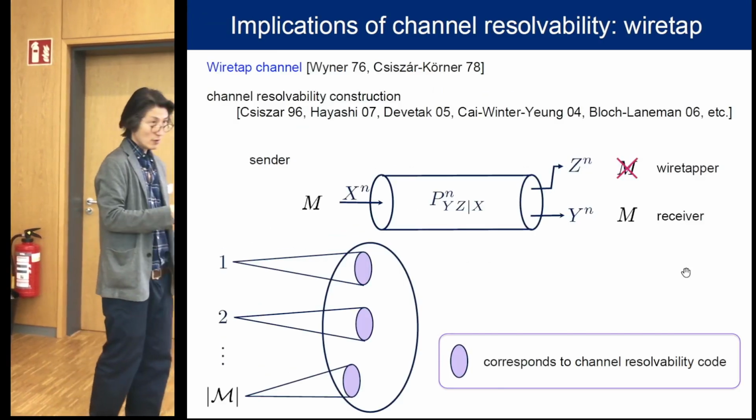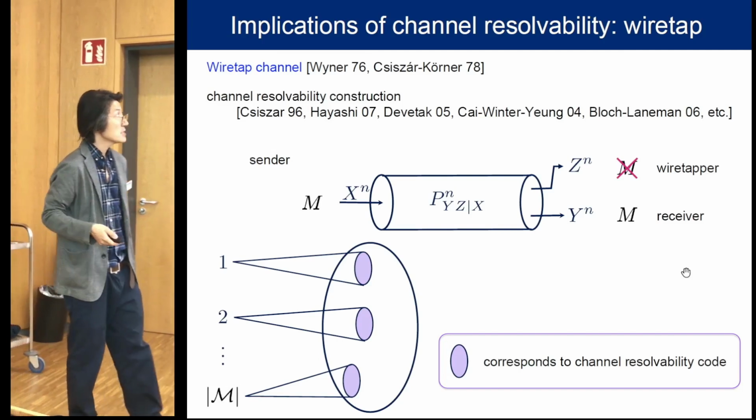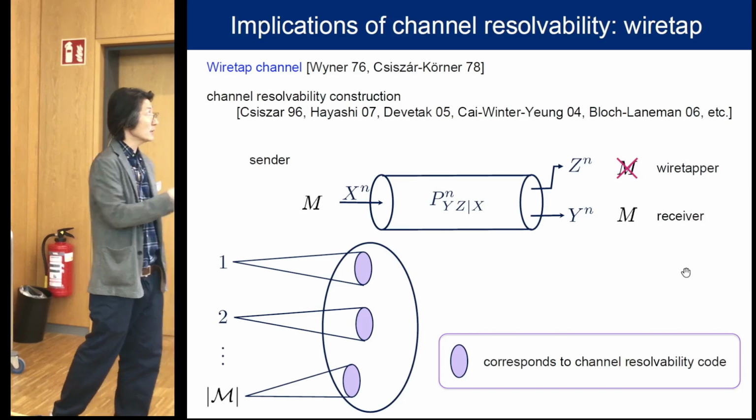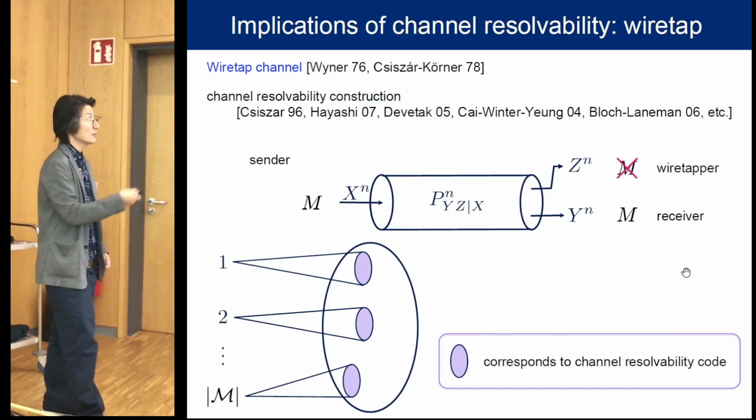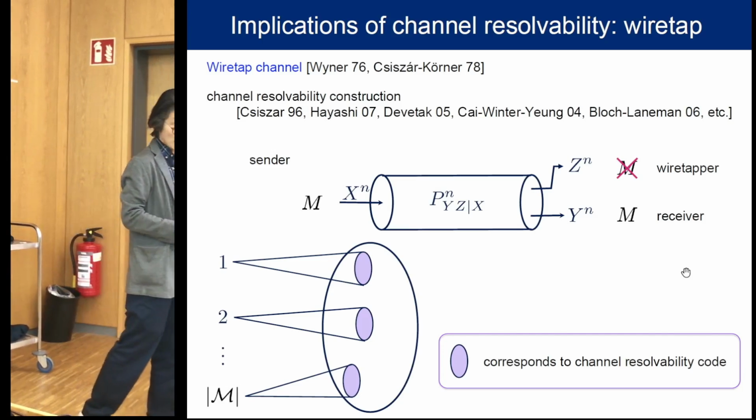Another implication of channel resolvability is wiretap channel. So wiretap channel is some security problem in information theory introduced by Wyner and further studied by Csiszár and Körner.